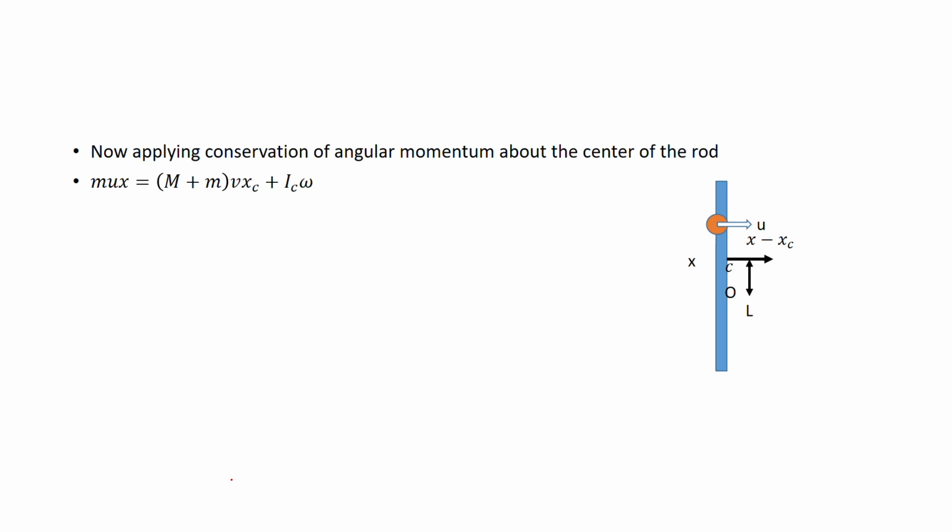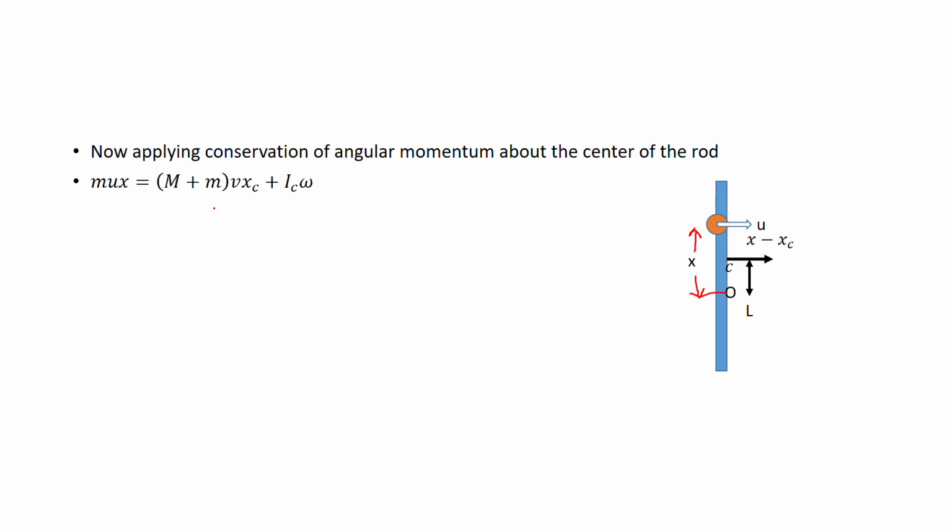Now we are applying the conservation of angular momentum about this point O. So this distance is x. The angular momentum of the system before collision, because the rod was at rest, is the angular momentum of the ball before impact, which is m into u into x.